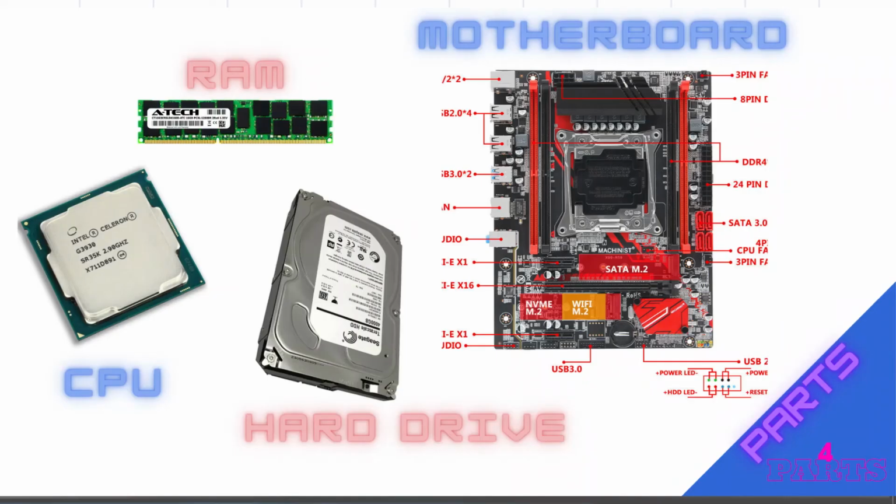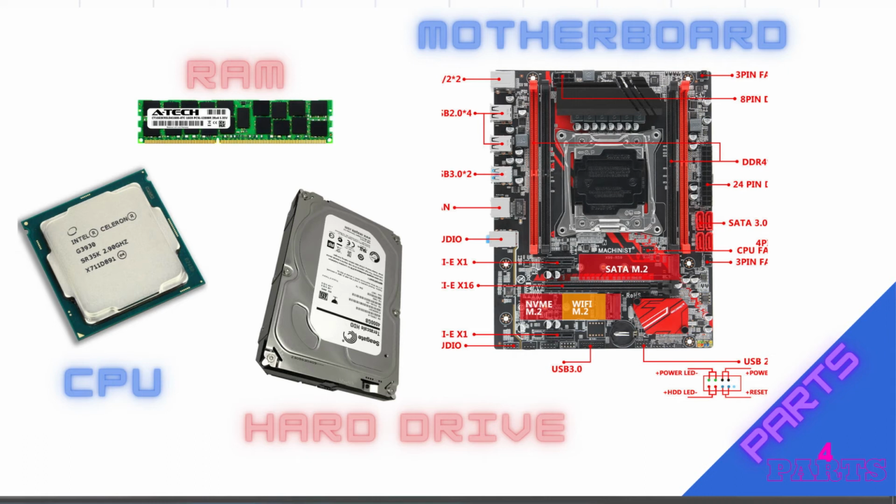Inside of the case, we have the motherboard, one core element of the computer. We have the CPU, a core element. We have RAM, random access memory, another core element. You have the hard drive, another core element of a computer.